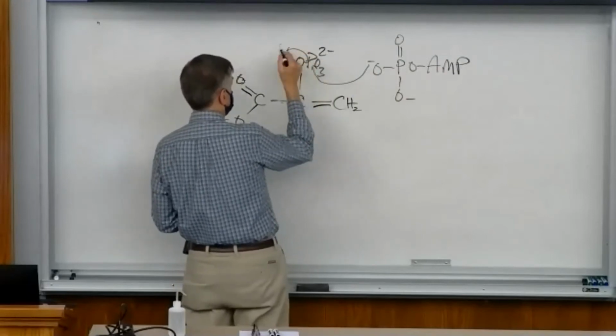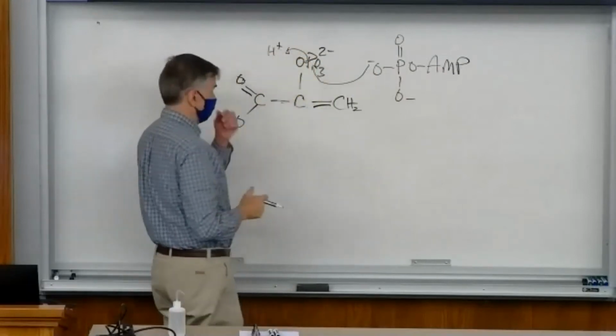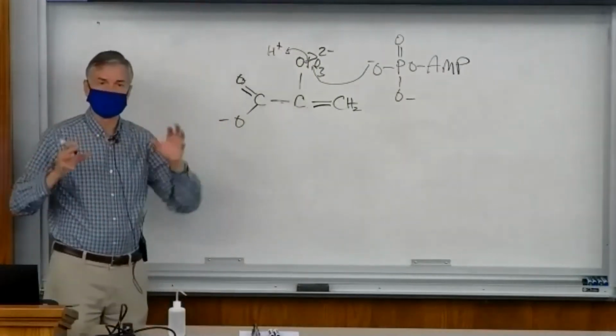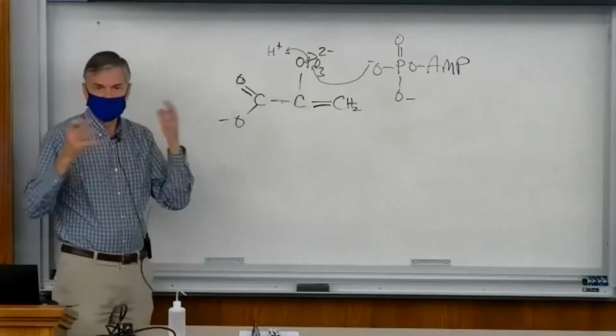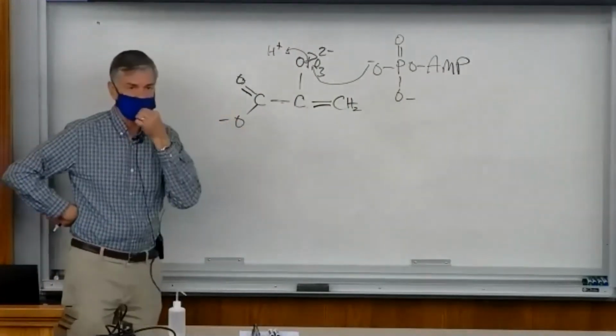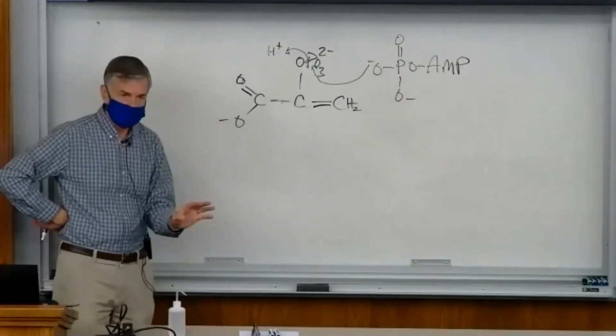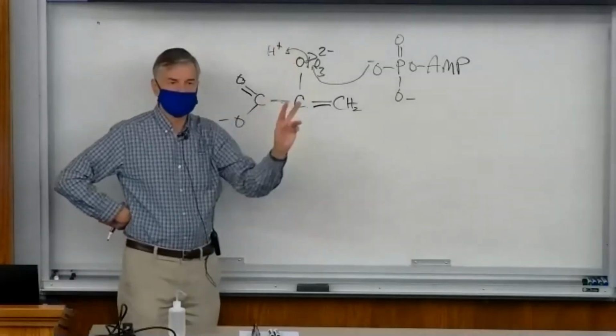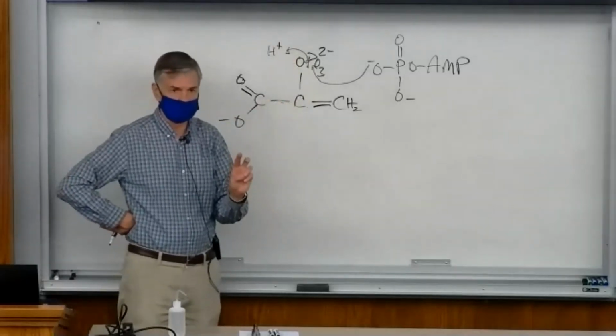It's going to come out and pick up a proton either from the enzyme or from the water environment inside the cell. But in the final step, step 10, the pyruvate kinase, we will generate 2 additional copies of ATP.